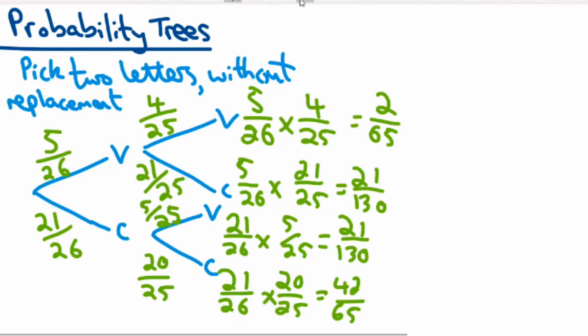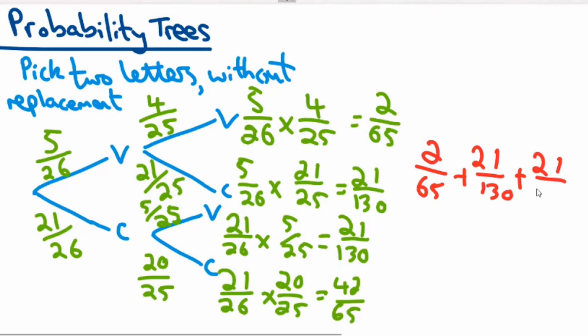Now, once again, if we just wanted to then combine these, let's say this time it said it wanted at least one vowel. If it's at least one vowel, that's going to be the vowel and a consonant and a vowel, because that's one vowel. But it also includes the double vowel, because 2 vowels is at least one vowel. So if we're adding these together, you've got your 2 over 65, add 21 over 130, add the other 21 over 130.